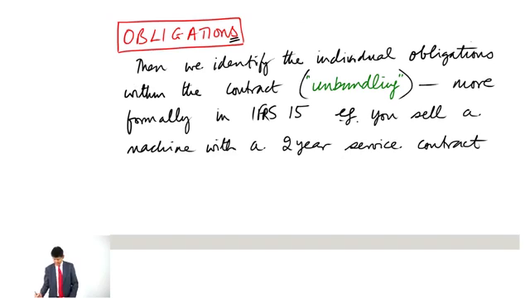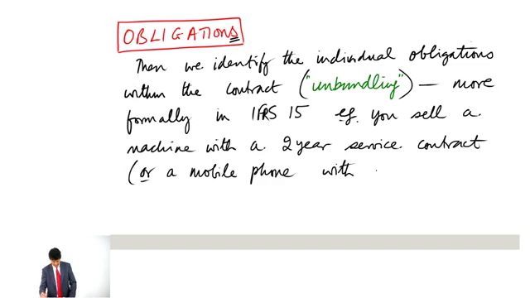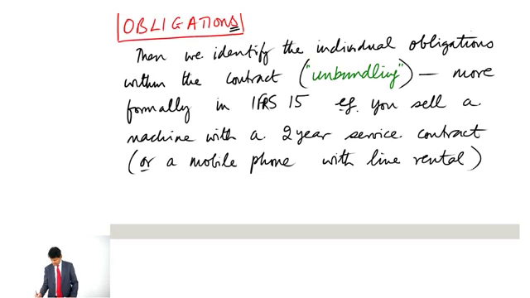Very, very easy idea. Or, for example, a mobile phone with separate line rental, etc. You can think of many, many examples. Okay, so those are a couple of these things. Let's move on.